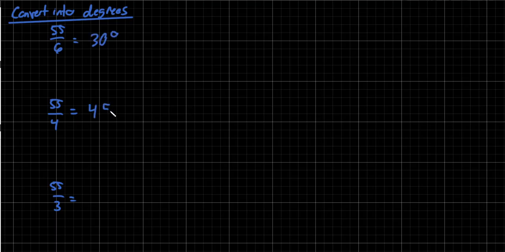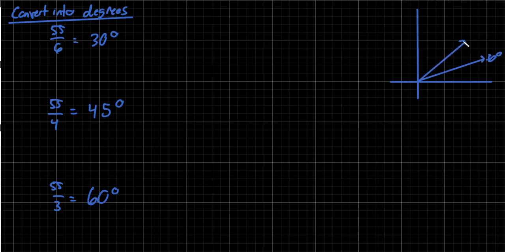What about the next one? Okay, so if we sketch these, we should have gotten something like so. This is about 30 degrees. And then the next one up is about 45 degrees.